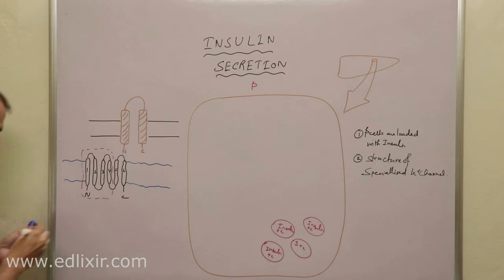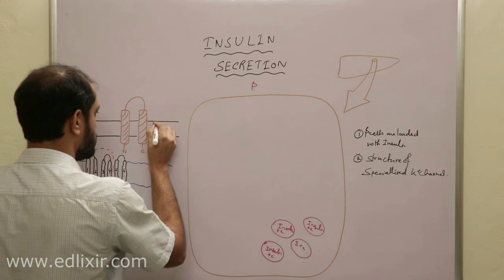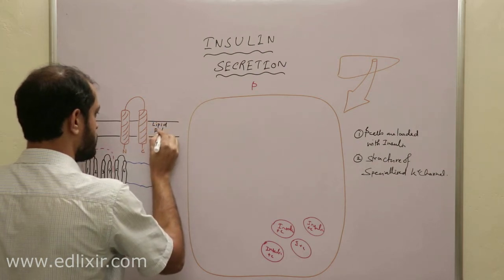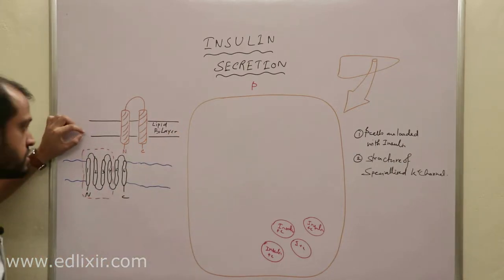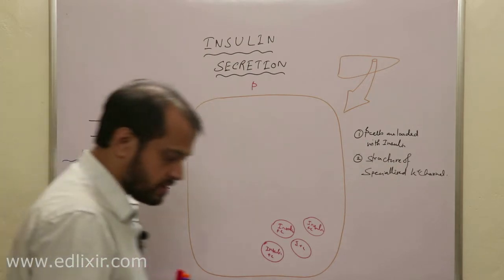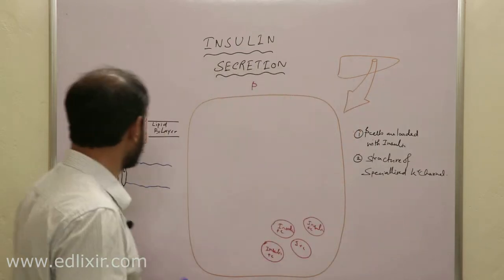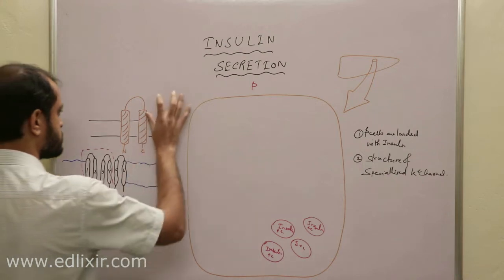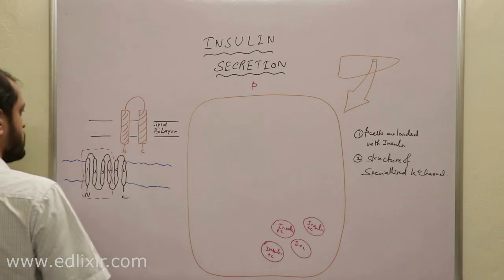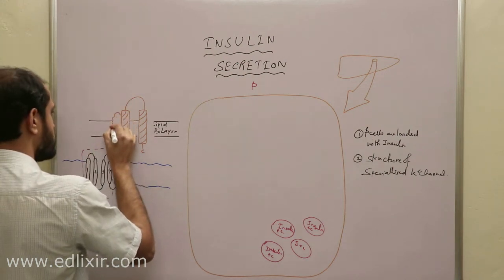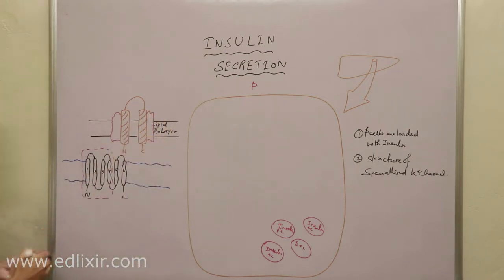Now, a very important insight into this structure is that this is the lipid bilayer. This is the uniqueness of this potassium channel, but there is another thing associated with it: there are specialized domains attached to this potassium channel.